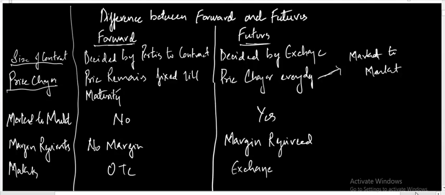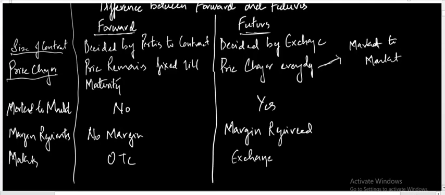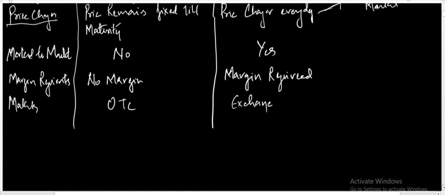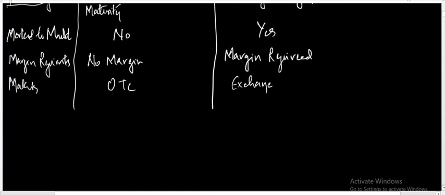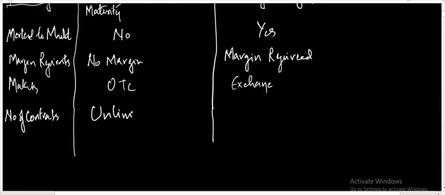Now let me talk about the number of contracts. In the case of forwards, the number of contracts that the parties can enter is as per their wishes, so it is unlimited.